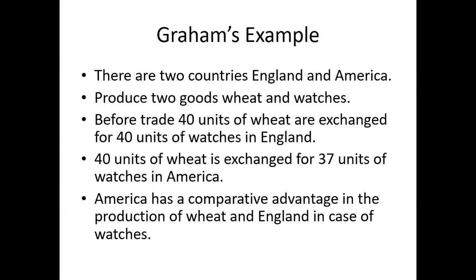In his example, he has taken two countries, namely England and America. Both the countries produce both the commodities, that is wheat and watches. Now, let us suppose that before the international trade, the exchange ratio is 1:1.